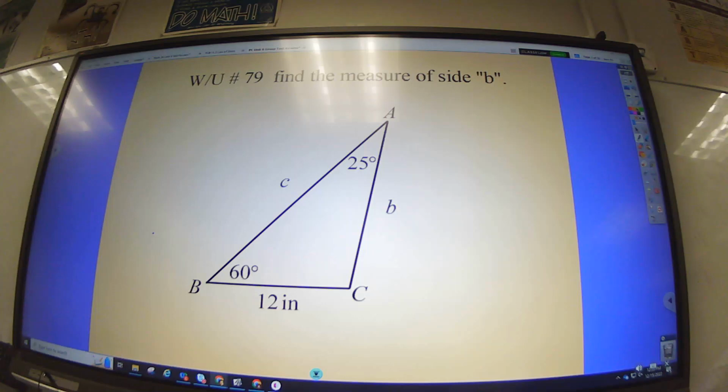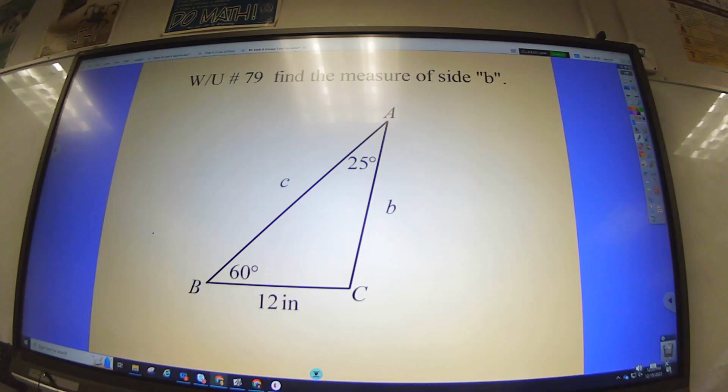Okay. So the difference between law of sines and law of cosines. Remember, law of sines: opposite angle, opposite side, opposite angle, opposite side. Law of cosines: we have three sides with one angle. Usually there's one angle and 3 sides, solving for a side or solving for an angle. Anyhow, solving for B. What do you guys think? Law of sines or law of cosines?